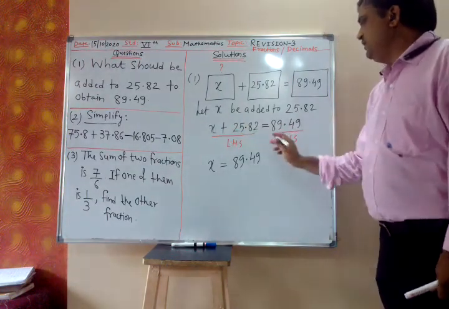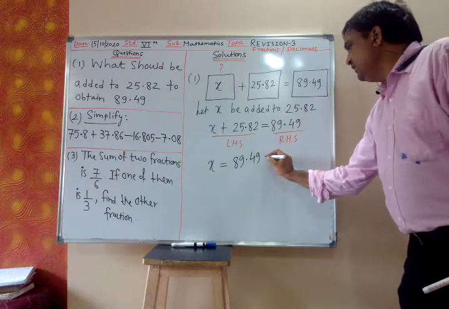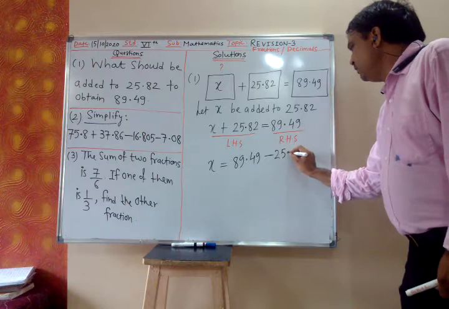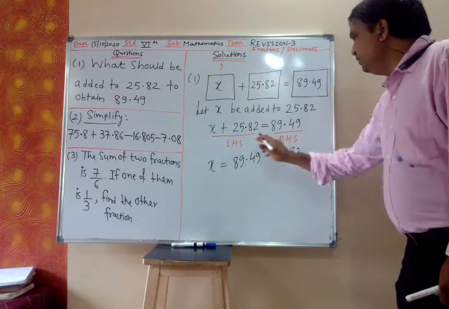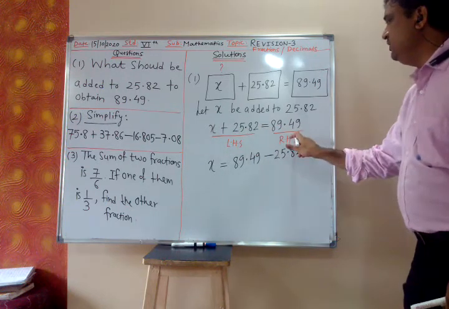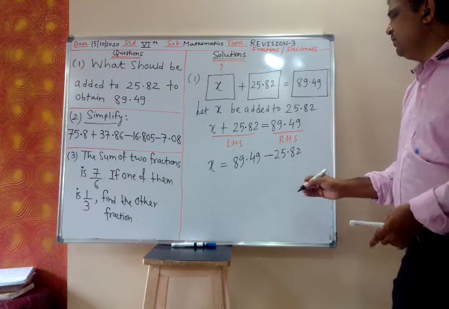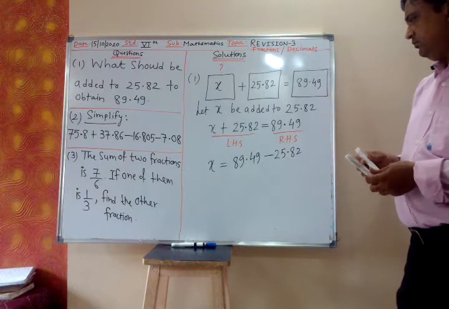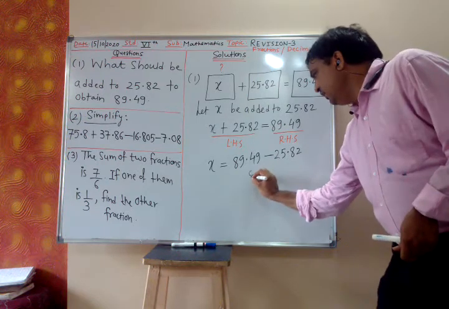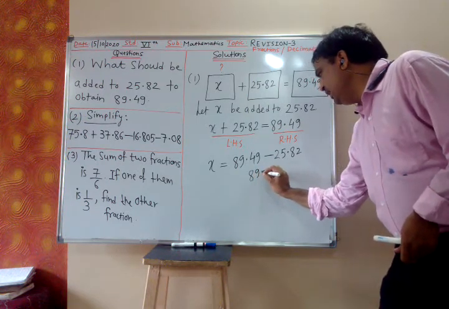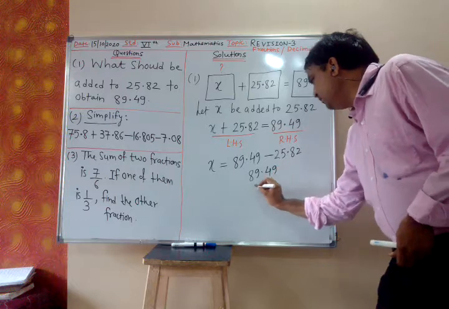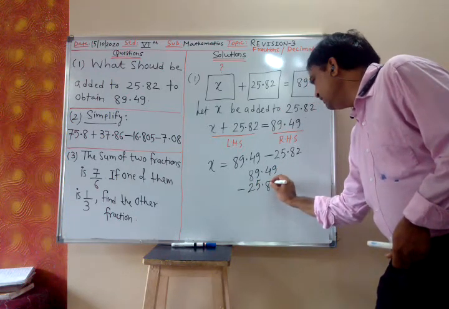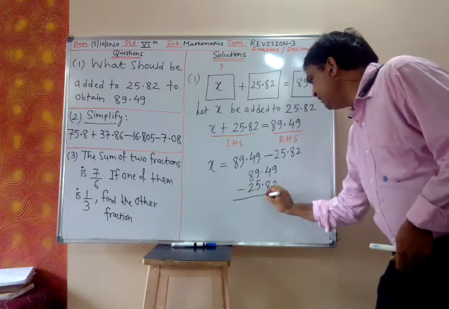Plus becomes minus. So this becomes minus 25.82. When we change the sign, plus becomes minus. So now we have to subtract. 89.49 minus 25.82.